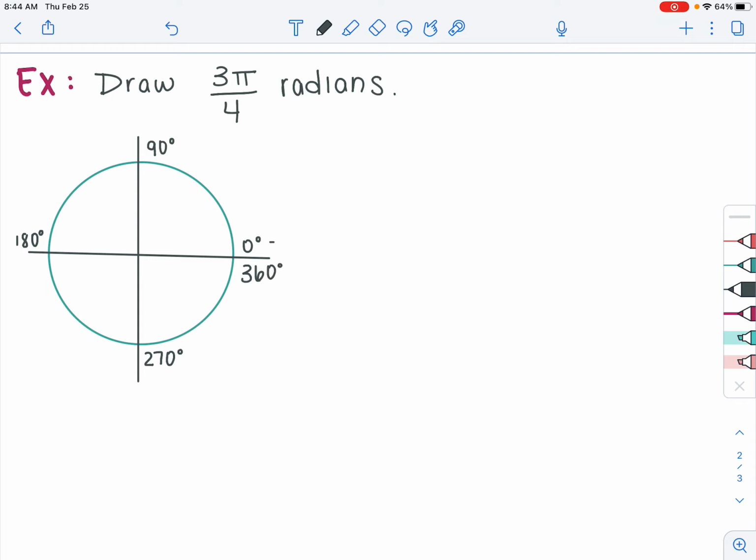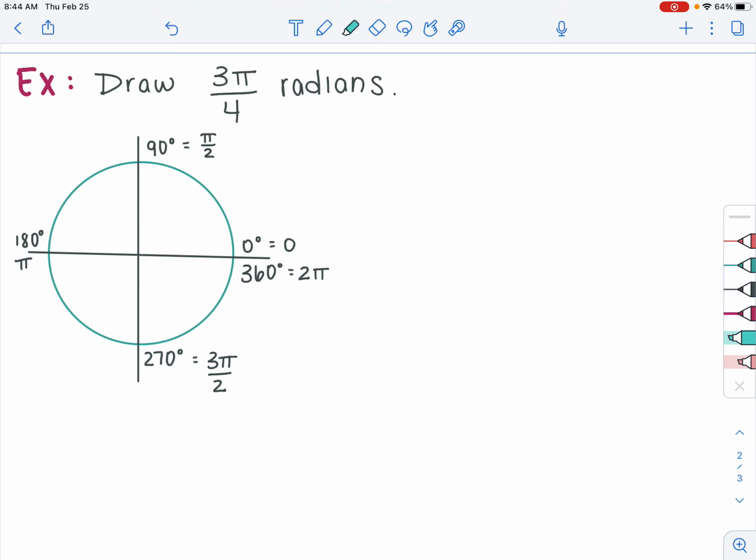We also know 0 is going to be 0 radians. 90 is pi over 2. 180 is pi. 270 is 3 pi over 2. And 360 is 2 pi. So if I need 3 pi over 4, I need to cut my circle into fourths.